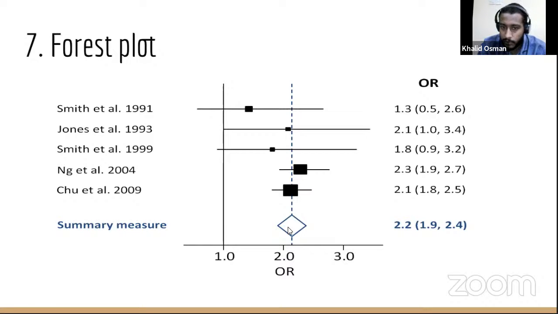We got this result because the largest 2 papers we included in this meta-analysis are both positive. So they outweighed the insignificant results of these 3 papers. So this is the forest plot. I hope it's clear for all of you, and that is all the graphs I have included.